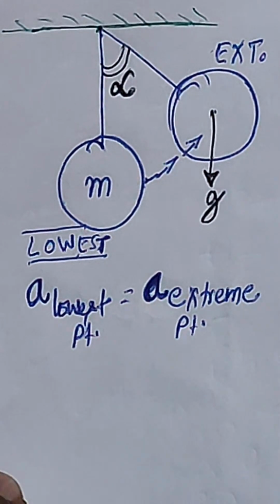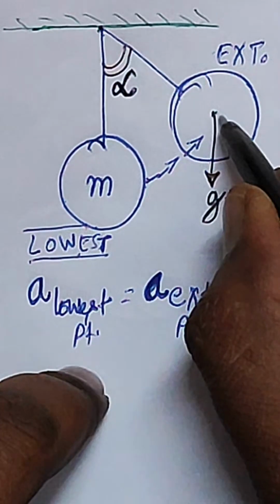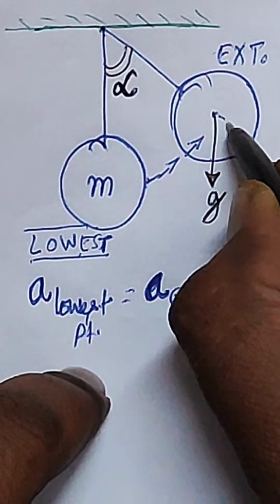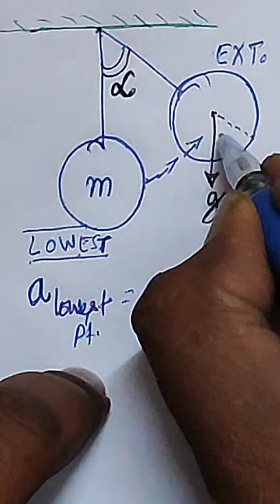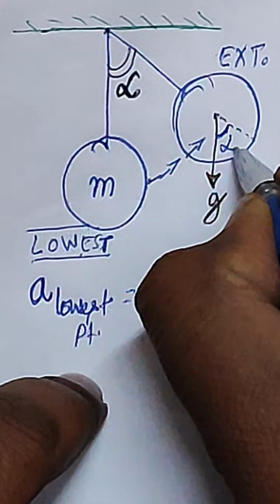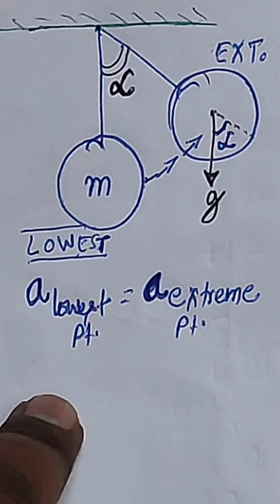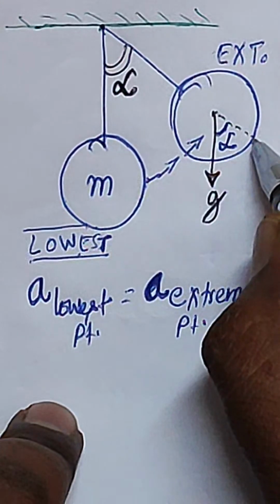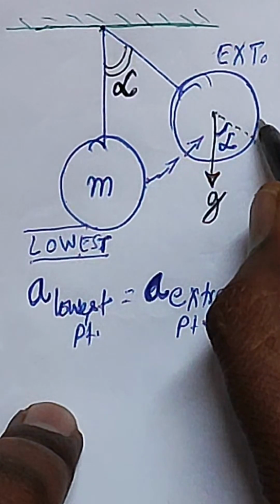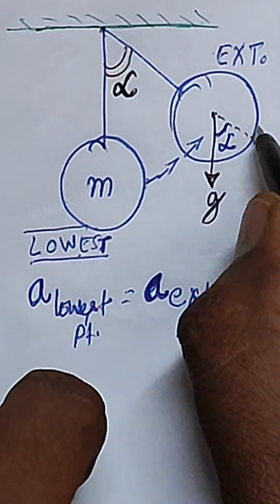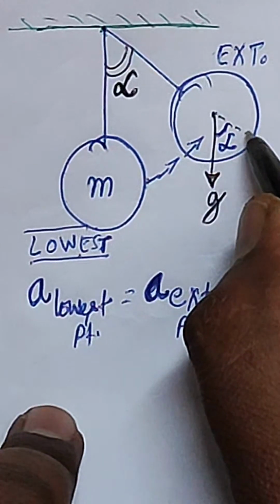Now when it is broken into the tangential and the centripetal components, and when you extend the string length like this, this alpha will appear here also, because the two strings are parallel. Now from here, when you break the component, this is the extreme position, and there will be no centripetal acceleration over here.